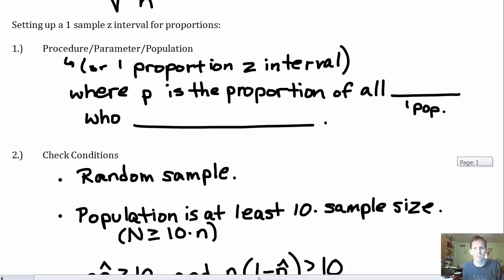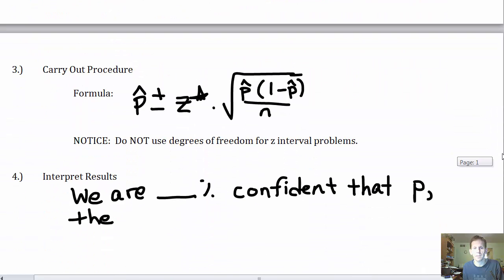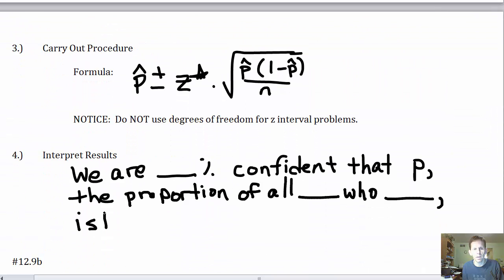P is the proportion of all blank who blank is between the two values that you came up with on your confidence interval. These values will typically be percentages. We usually write them as decimals, so if it's 75 and 85%, we'd usually just write 0.75 and 0.85.